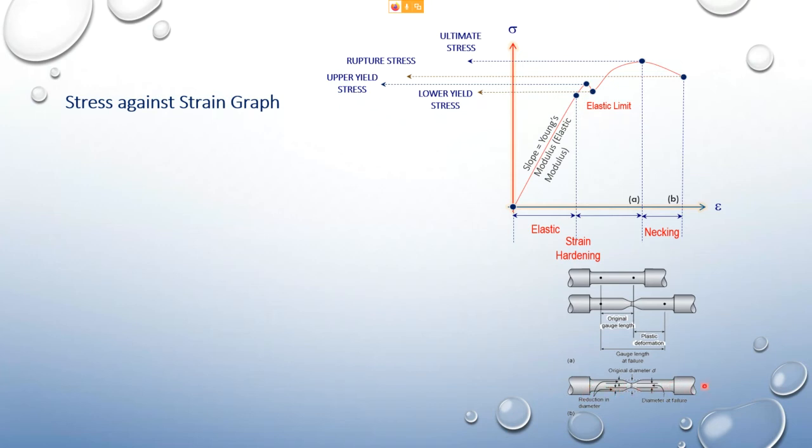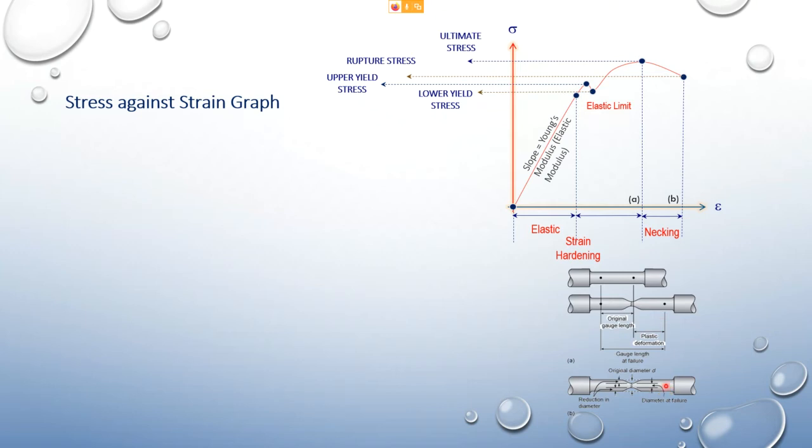When you look at the diameter of the specimen now, it is lesser than the original diameter. The final diameter of the specimen becomes smaller than the original diameter. That is the cause of necking when the material is stressed beyond these points here, until it reaches this, and then the material will break.